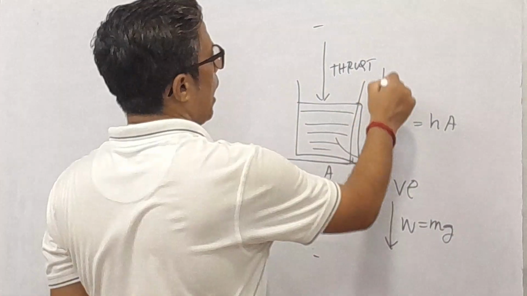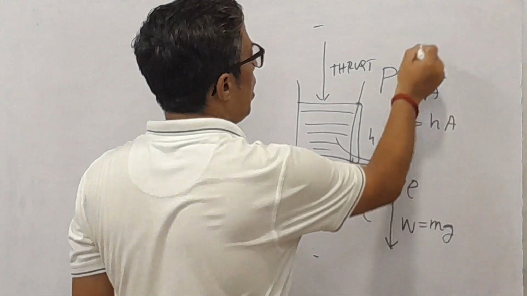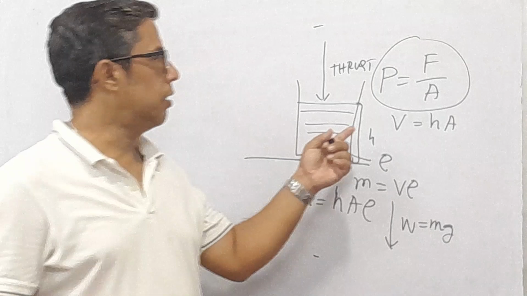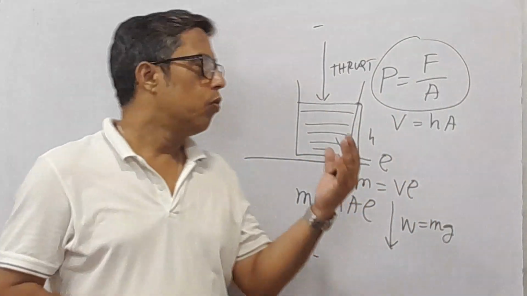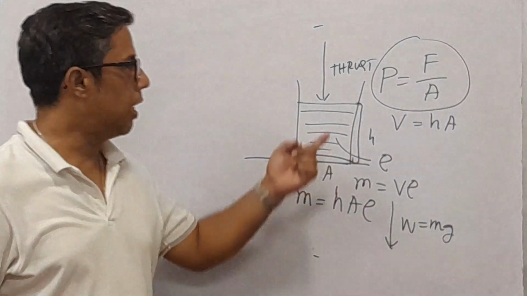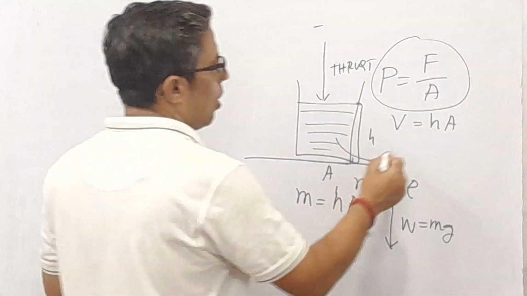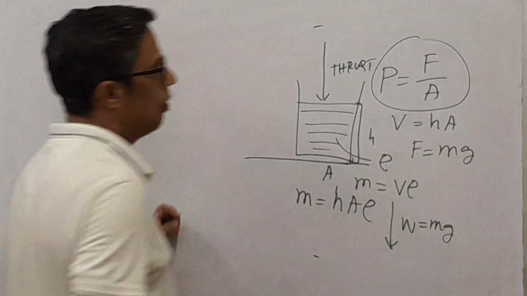So the standard formula is pressure P is equal to F by A, right? During the pressure chapter, when we were calculating pressure for a solid material, we discussed that pressure is equal to force by area. The same formula will be applied here. But here force F is equal to mg.